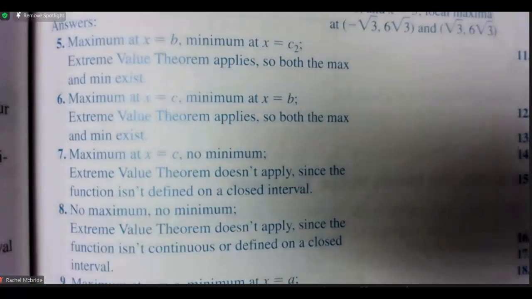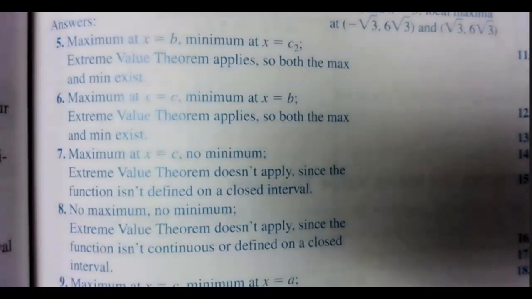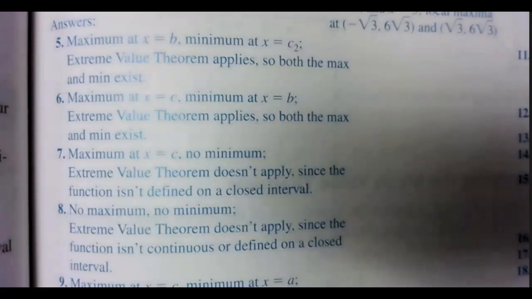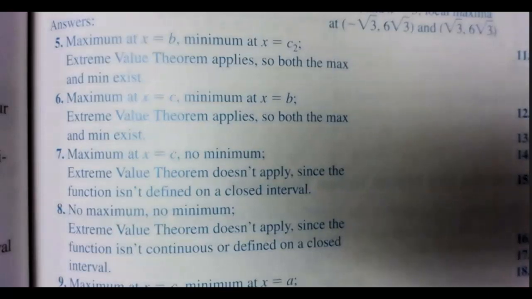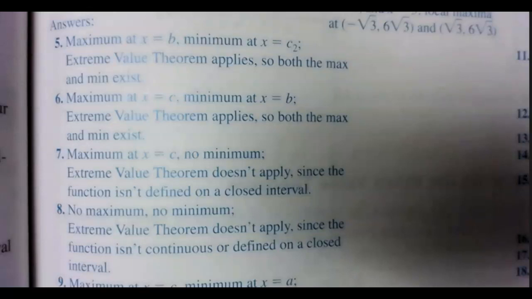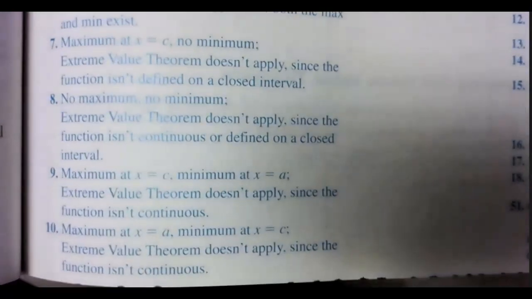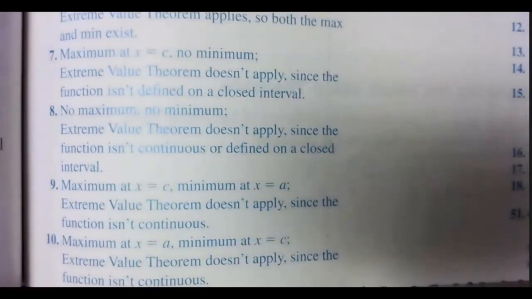So in number 5, EVT can apply, therefore a max and min exist. The max is at B and the min is at C2. And 6, EVT applies, therefore absolute max, absolute min at C and B. 7, EVT does not apply since the function isn't defined on a closed interval.